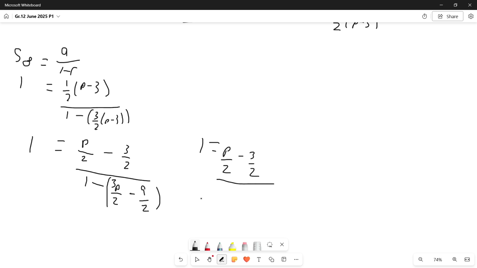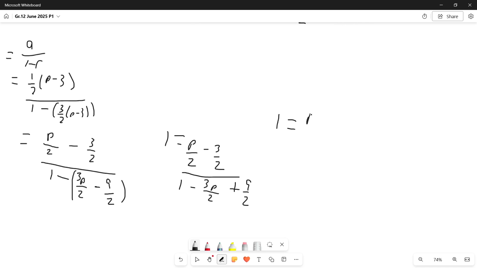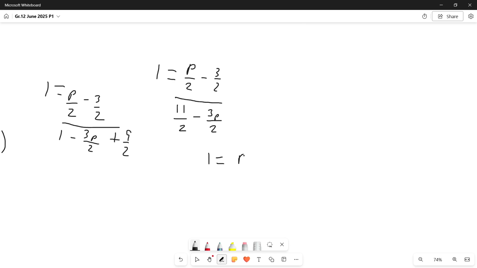At the bottom here, we have 1 minus 3p over 2 minus minus, so it's positive 9 over 2. And then at the bottom, we have 1 plus 9 over 2 is 11 over 2, minus 3p over 2. We have 1 equals p minus 3 over 2, over 11 minus 3p over 2.